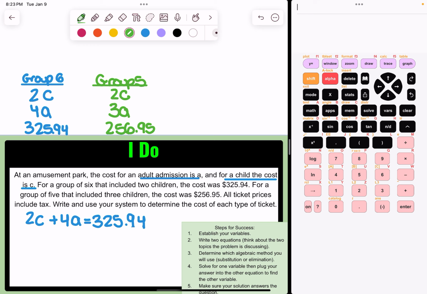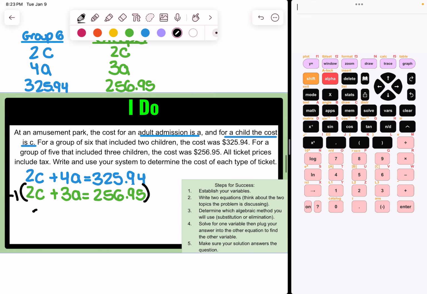Then the 2 children plus the 3 adults is equal to $256.95. And now we could use the elimination method since the variable C already has a 2 and a 2. We just need to make one of them a negative 2. That way it would cancel out.